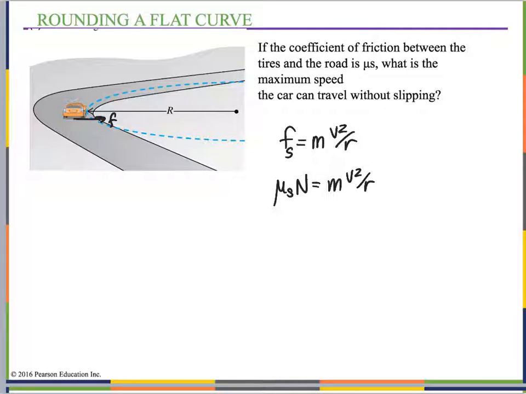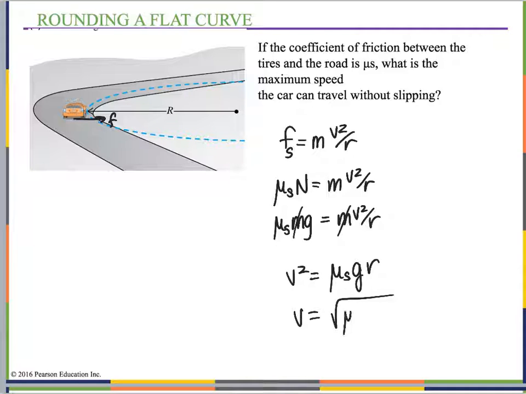The fastest it could go is whatever speed it would have when the frictional force is at its maximum. And this would be mg. So the masses will cancel out, and v squared is going to be mu s g times the radius, and so v is going to be the square root of that.